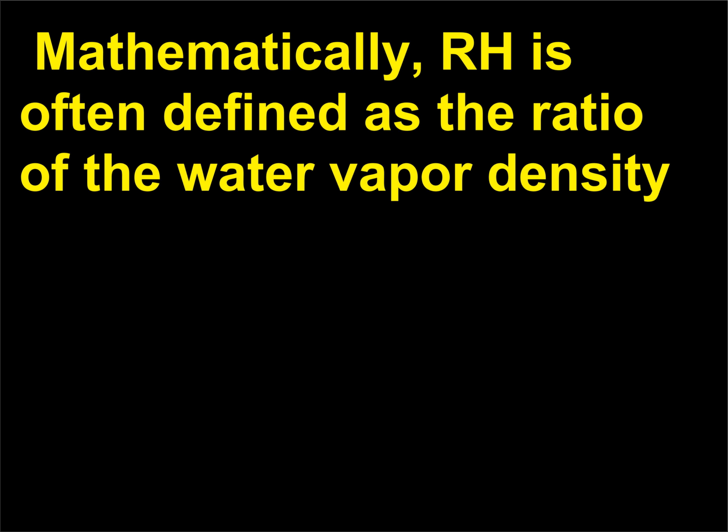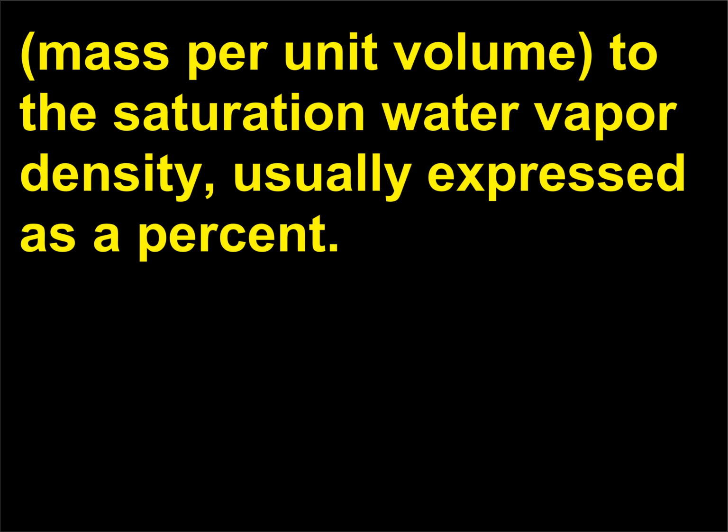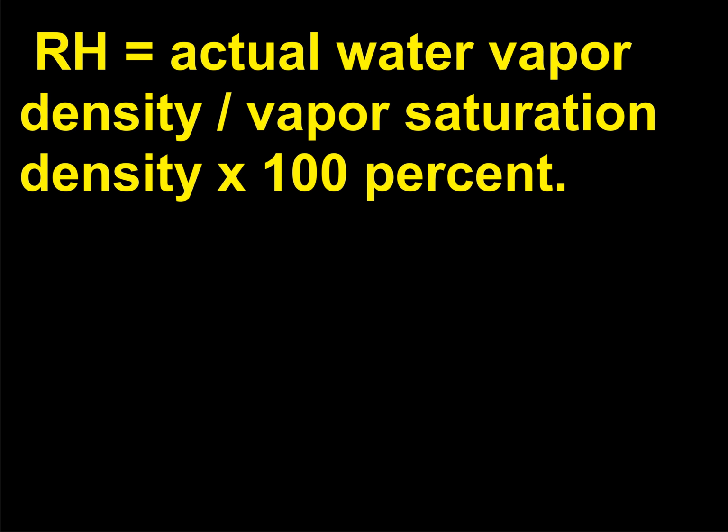Mathematically, RH is often defined as the ratio of the water vapor density, mass per unit volume, to the saturation water vapor density, usually expressed as a percent. The equation for relative humidity is RH = actual water vapor density / vapor saturation density × 100%.